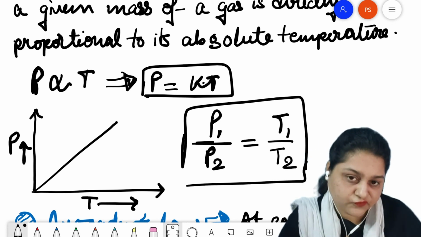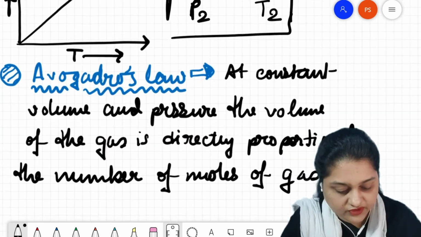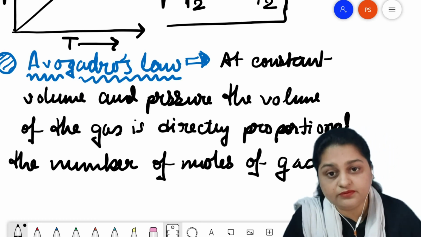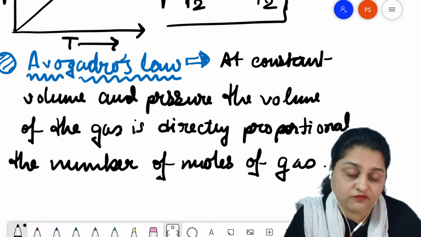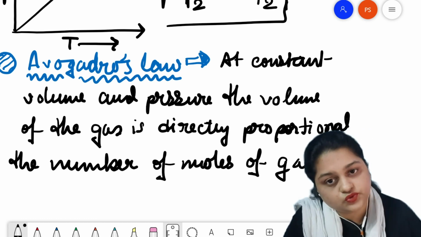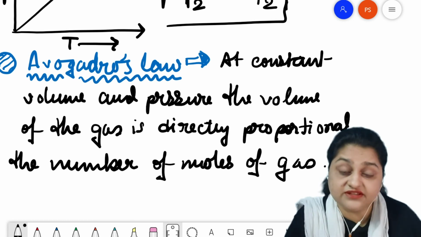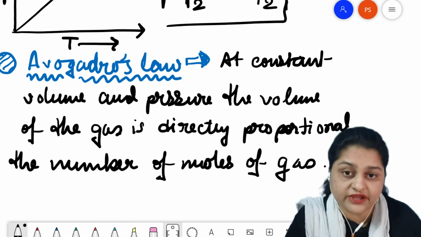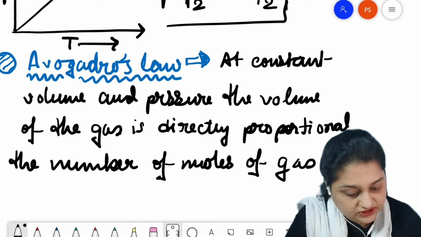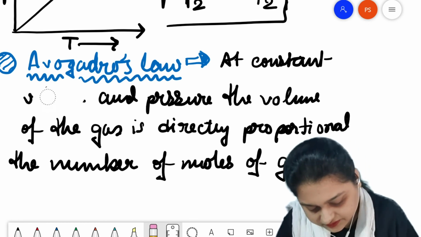Now the fourth gas law that we are going to study is Avogadro's law. Avogadro's law relates the last two remaining physical parameters, that is, the volume of the gas with the number of moles of the gas. Since we are discussing these two physical parameters, the remaining two we need to take constant, that is, the temperature and pressure. A little bit of a mistake I had made.